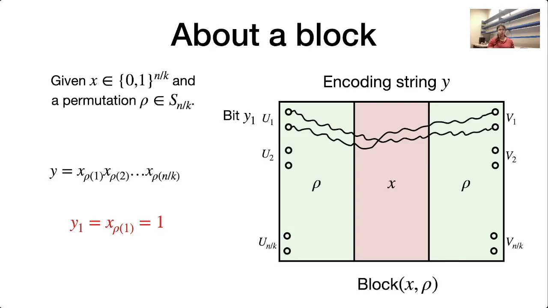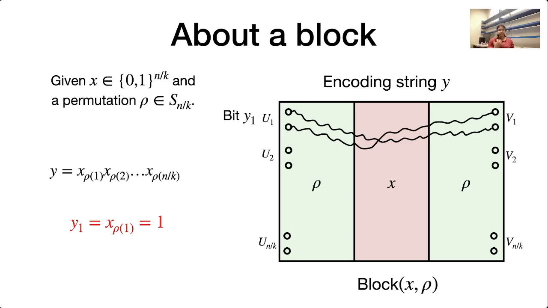If this bit was 1 instead, the first vertex of u1 is going to be connected to the second vertex of v1, and the second vertex of u1 is going to be connected to the first vertex of v1. That is, the connections between the group u1 and v1 is going to be crossed.